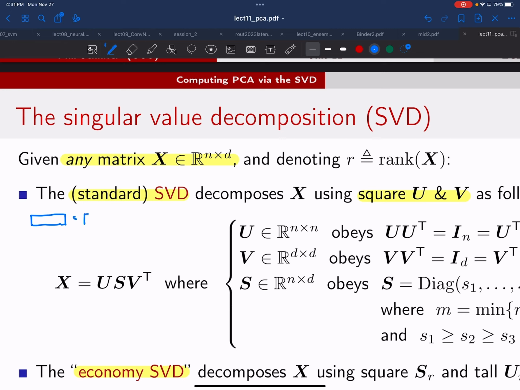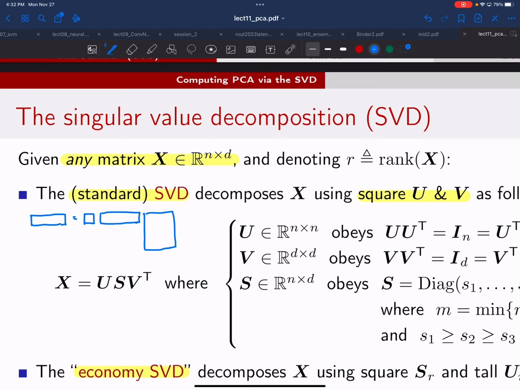Then the SVD gives a square matrix where this dimension agrees with this dimension, followed by a diagonal matrix which has the same dimension as the original one, followed by a square matrix that must agree with this dimension. So that's what you get with a wide matrix.